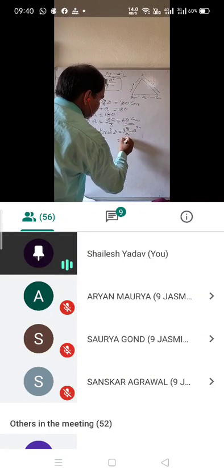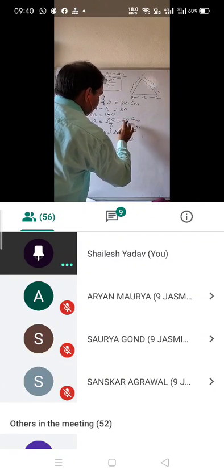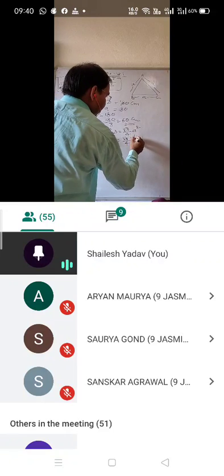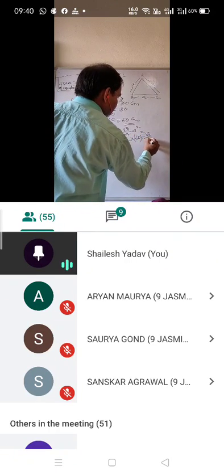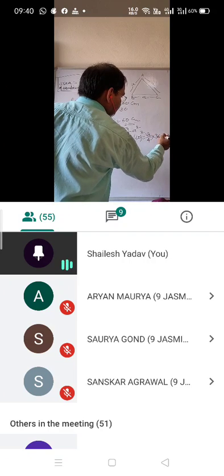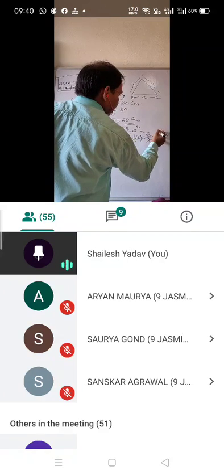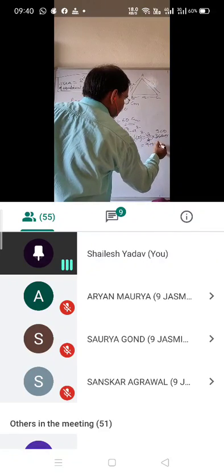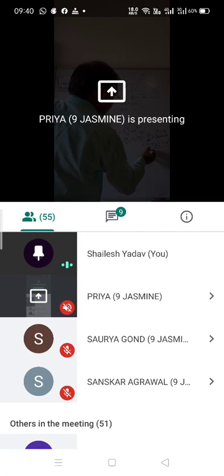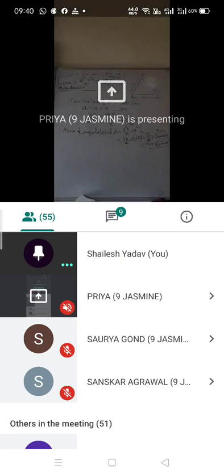It is the formula only for the equilateral triangle. So root 3 by 4 into 60 square. 60 square will be 3600, and 3600 divided by 4 is 900. So that is equal to 900 root 3 centimeter square. That is the answer of the second part of the question.